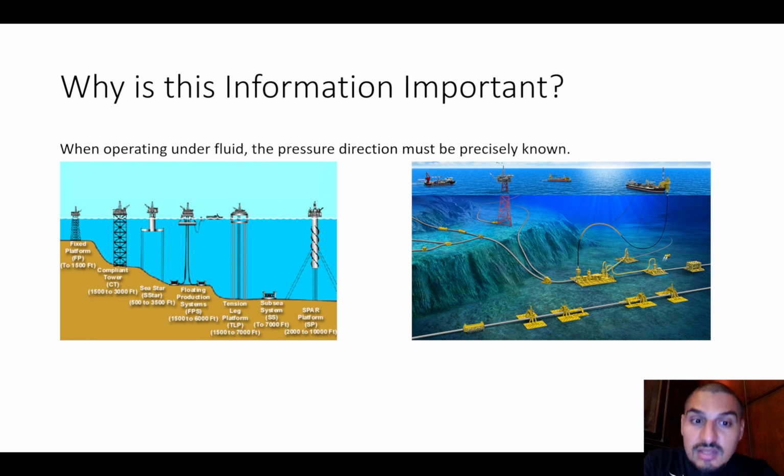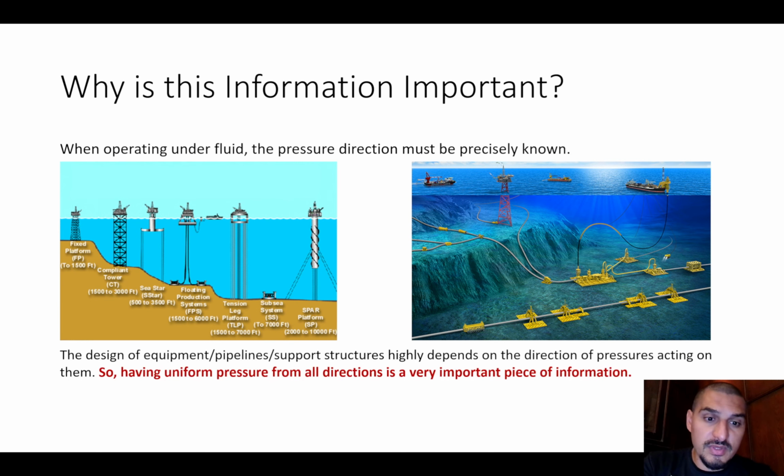So the design of these things depends very much on this information that we know, which is that the pressure has no specific direction and it affects a point in the same way from all directions. So this is a very, very important piece of information.